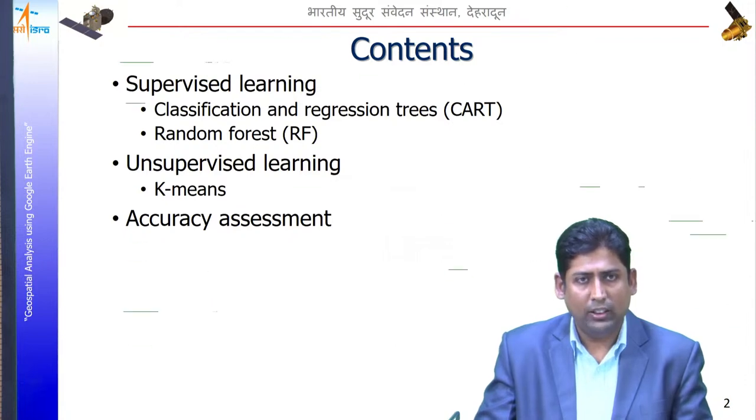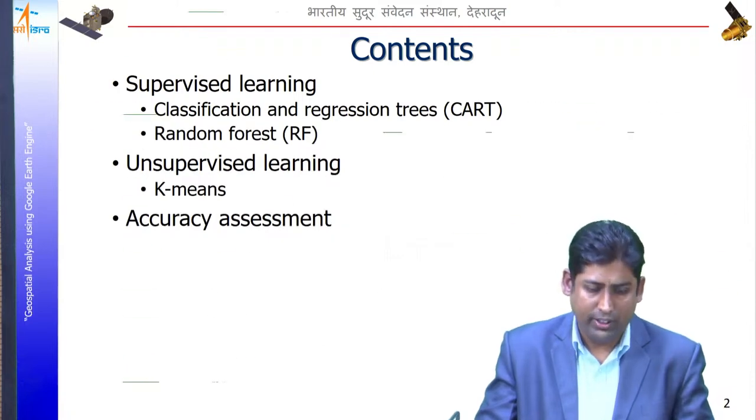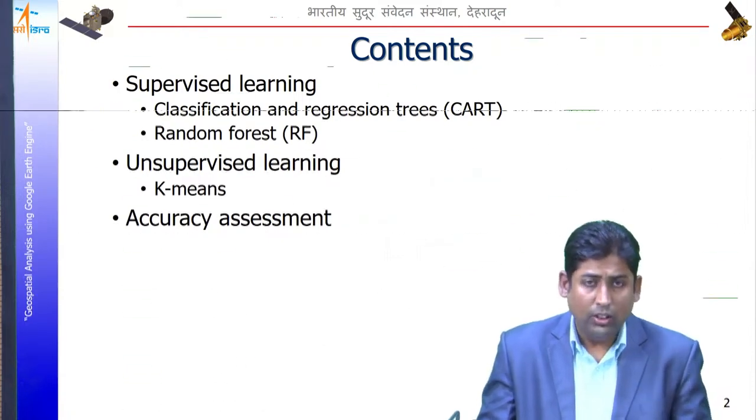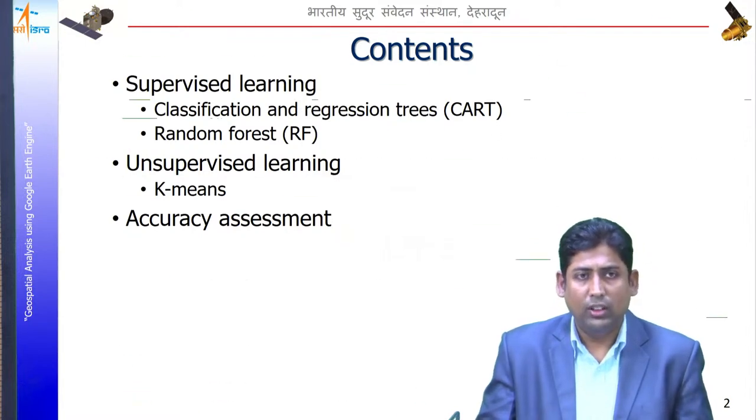In unsupervised learning, we will talk about the k-means approach, and once we are done with these classification techniques, we will see how to do the accuracy assessment of these classification techniques. So this session is completely on coding with Google Earth Engine using the JavaScript programming language.